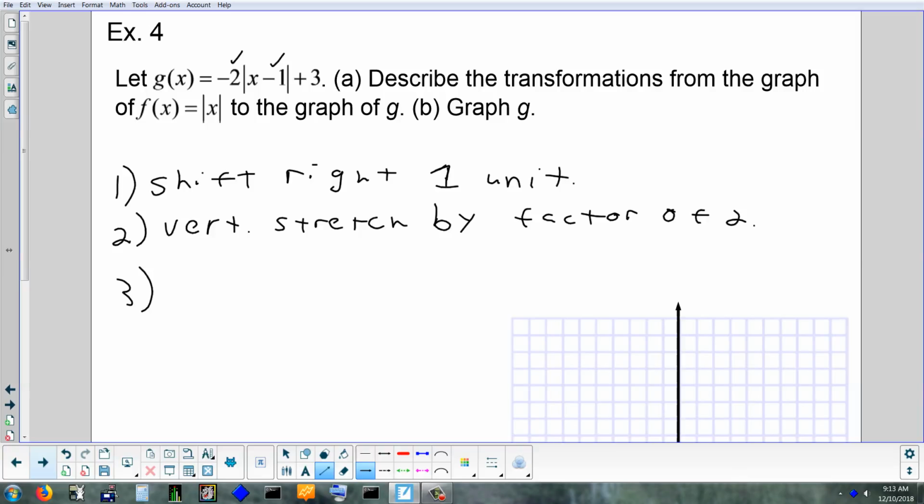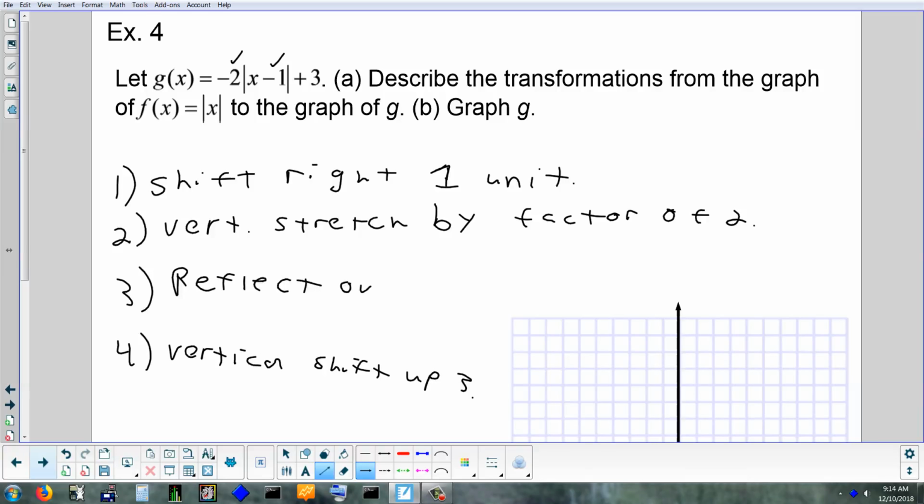See whenever you have a negative attached to the outside, what it makes happen. Vertical shift, I like that, but that's going to be the last. That's when you add or subtract outside. What about that negative? We just did it on the last one. That's a reflection. Reflect vertically, over the x-axis.